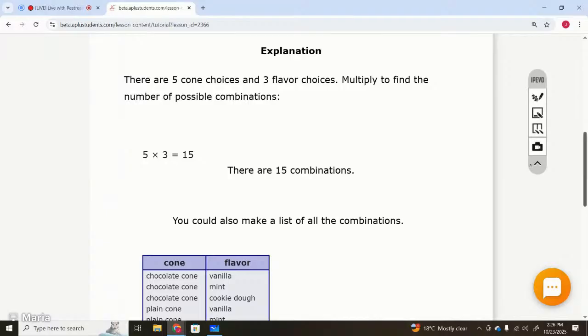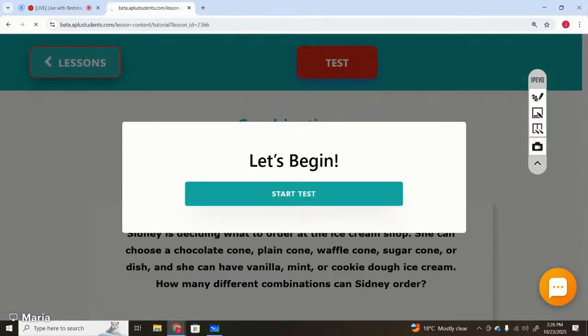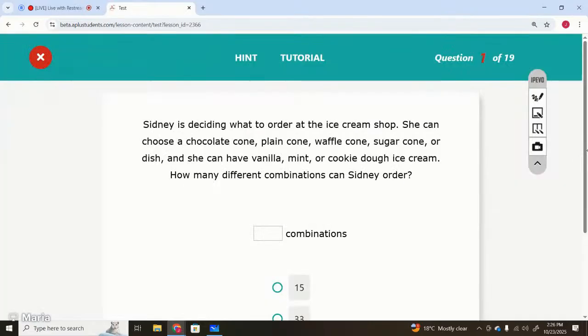Let's just start with the test questions. Sydney is deciding what to order at the ice cream shop.